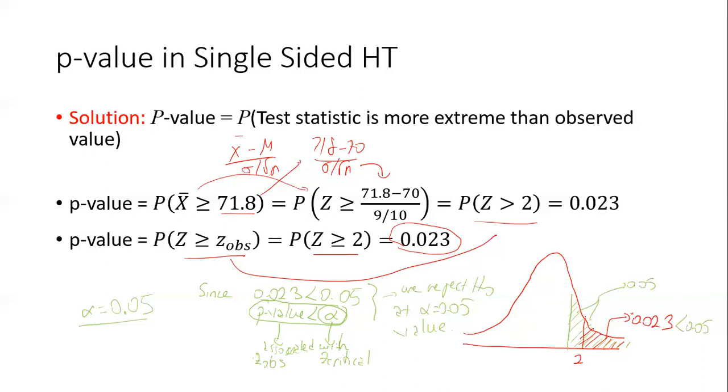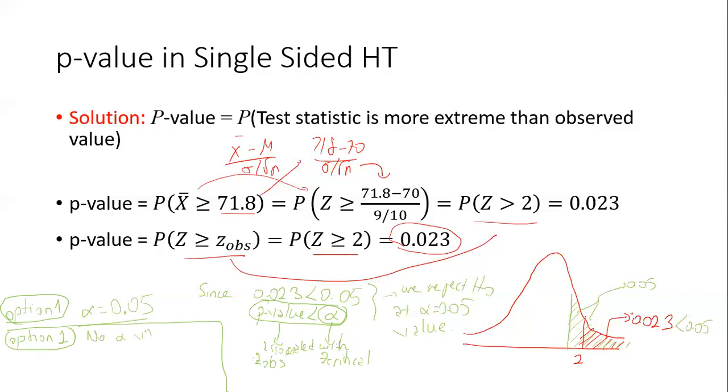What is the second option? In option two, nobody gives you any alpha value. There is no alpha value.